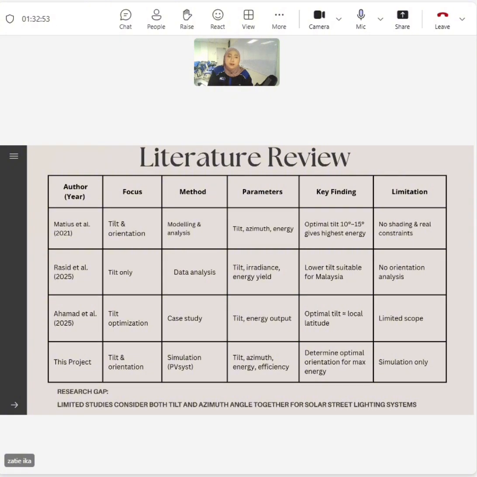But most of these studies don't consider both tilt and azimuth together, especially for solar street lighting. So for my project, I focus on both parameters using PVsyst simulation to find out the optimal panel orientation.